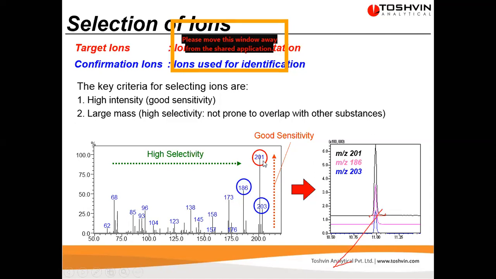If I'm getting 201 along with 186 and 203 in the same pattern, then I can say, okay, this is my compound. So 186 and 203 will help me in confirming my compound. So we always suggest that in the software you always give some reference ions along with target ions for analysis purposes.